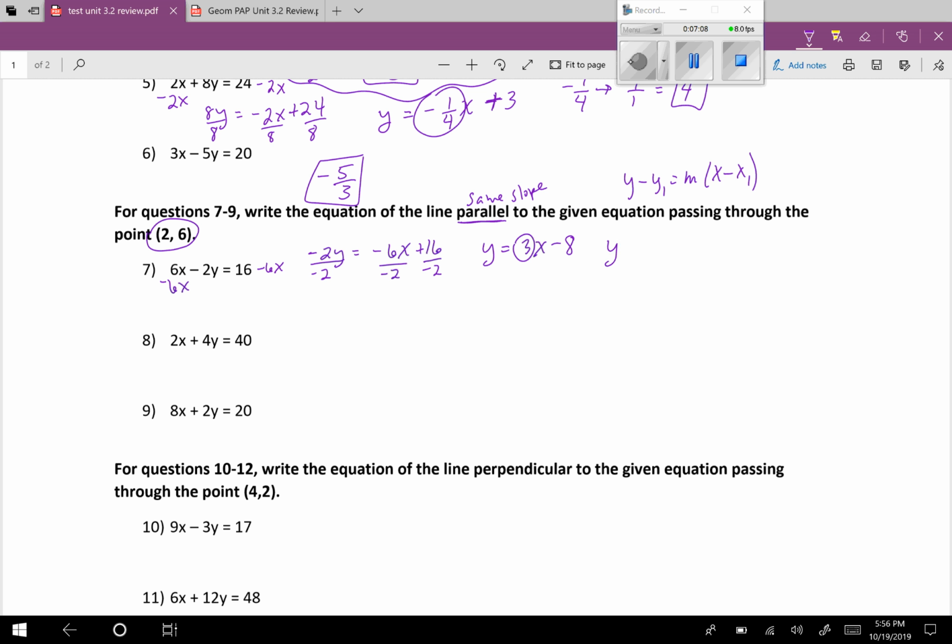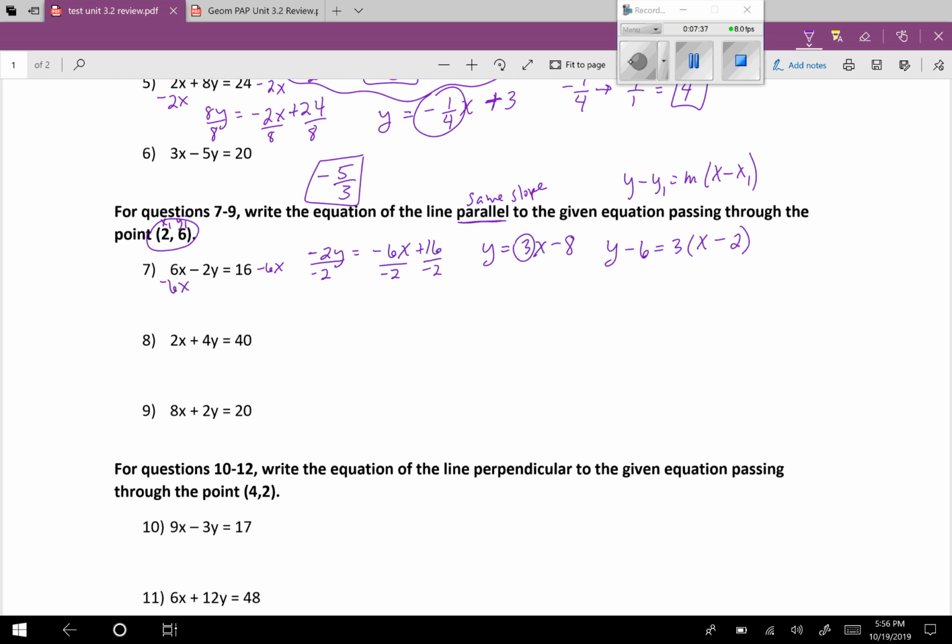We have y minus, and now from here you take the y value, because this is your y1, that's your x1 there. So y minus 6 equals, now m is our slope, so it's 3, times x minus, and you go back to the point they give you, x1, which is 2. And so now we just have to distribute here and solve this, get this y alone.